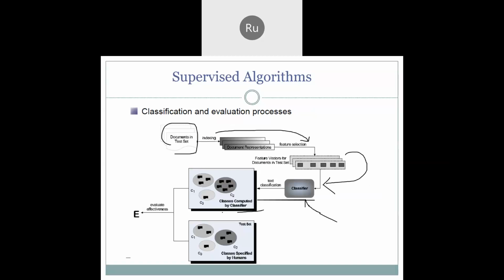Okay, so these are the classes computed by the classifier, and then you compare them with the actual classes, and you look at the accuracy based on the number of documents that have been correctly classified. So this is the evaluation that we have.